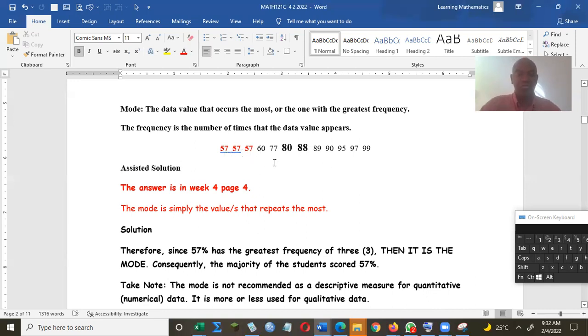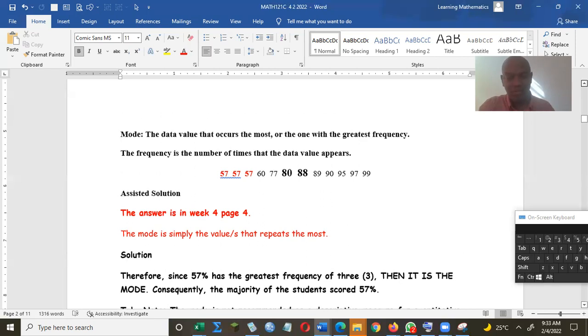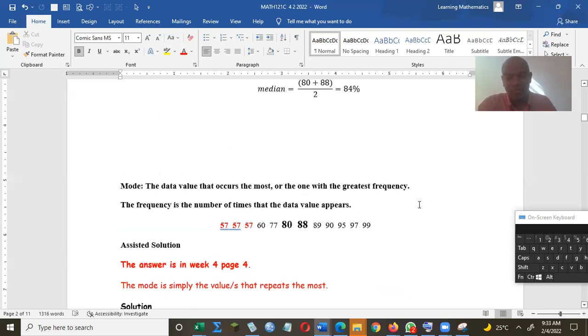You cannot say the average score is 57. So what about the 99% and those 90s and those 89? The most adequate number to use there is the median, or the mean. The average is 84%, more or less, somewhat below, somewhat more.